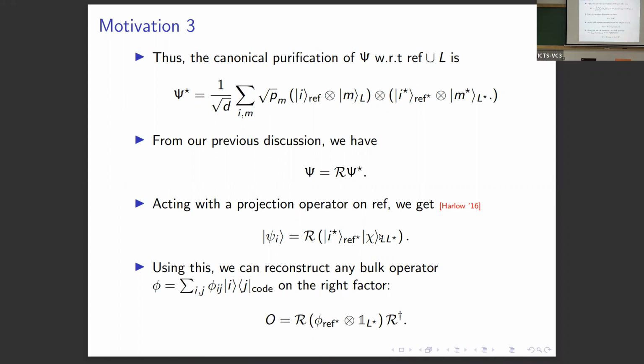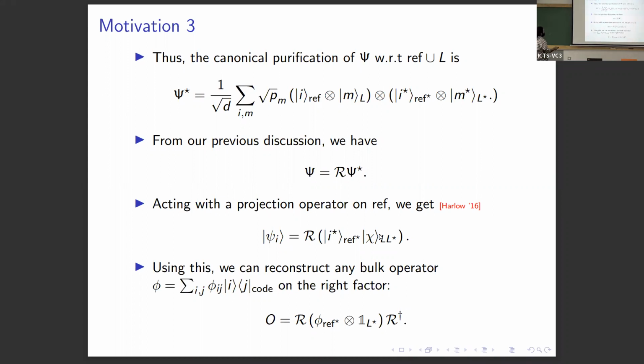Okay, good. But now I claim that this operator, this curly R, lets you do bulk reconstruction or entanglement wedge reconstruction. The reason for that is that from this state, I can just project, let's say, on the ref factor, I can just project on the ith basis state. Okay.